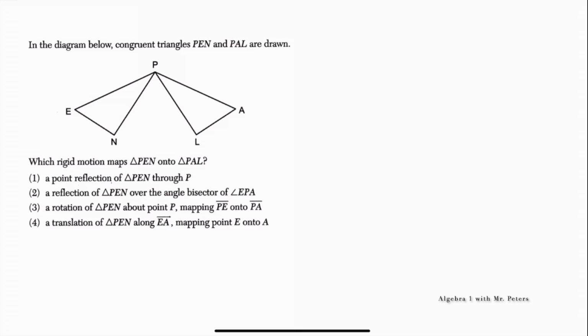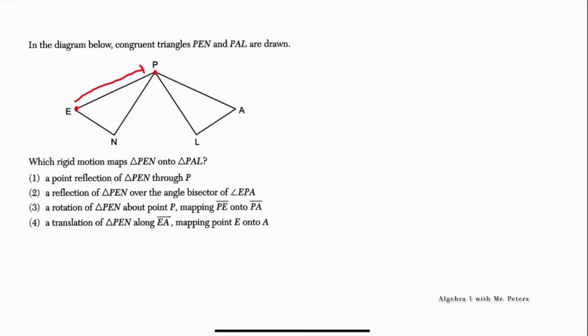In the diagram below, congruent triangles PEN and PAL are drawn. And they want us to determine which rigid motion maps triangle PEN onto triangle PAL. So answer choice 1 is a point reflection of PEN through P. But if you understand point reflections, what we're saying is this distance from point E to P, we're going to go the same distance in the opposite direction.